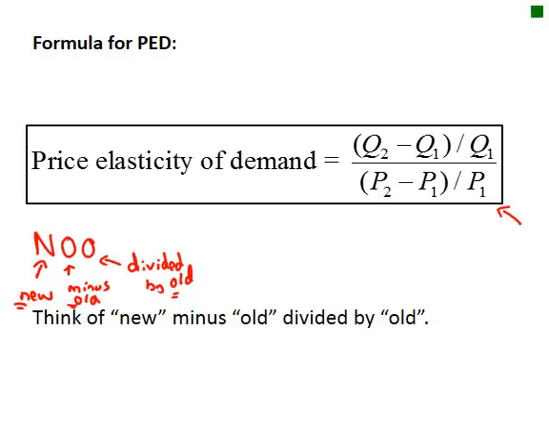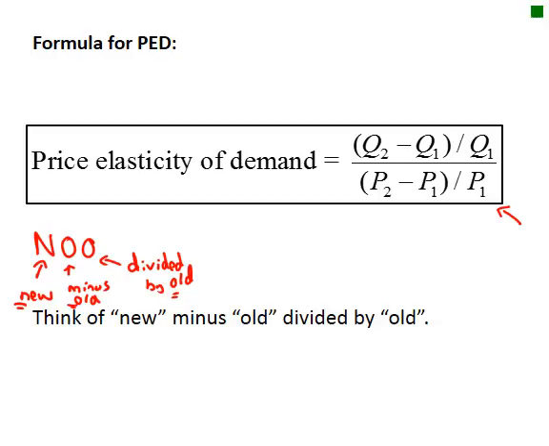And this being new minus old divided by old. So the N, the O, and the O. So new minus old divided by old.